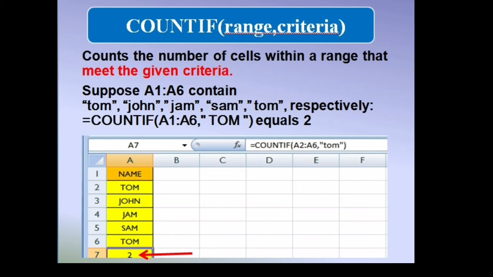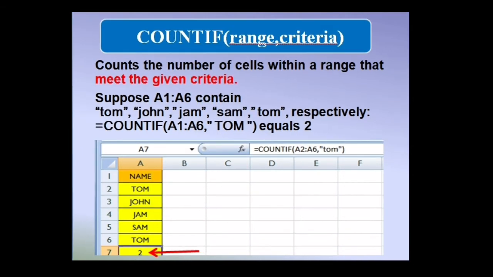Like if you want to find out how many times the string Tom has been used, then this formula would be countif and select the range and in double quotes type the string, that is Tom, and press the enter key. Then you will get the answer 2 because in this range the string Tom is repeated 2 times. So your answer will be 2.